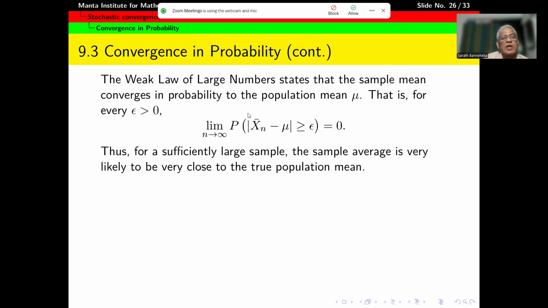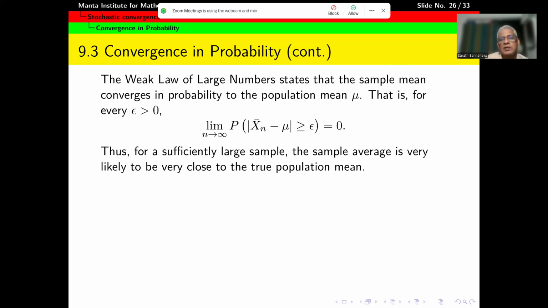So mathematically, what we mean here is the probability that the absolute value of xn bar minus mu is greater than or equal to epsilon, for any small epsilon, becomes zero as n goes to infinity. So here, as I mentioned, we are looking at a sequence of probabilities for a fixed epsilon, and checking whether that sequence of probabilities converges to zero, right?